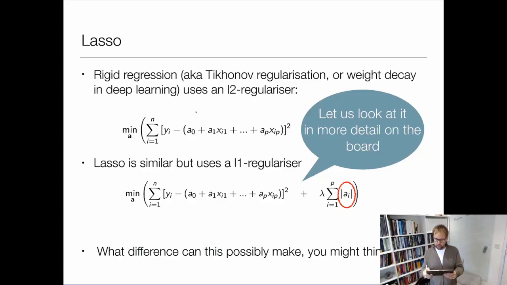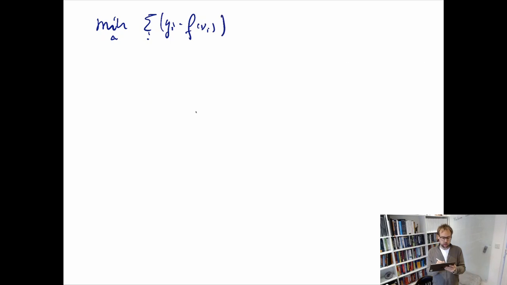I forgot to add the white page, so let me do it right now. So let's just look again at the two optimization problems. We want to minimize over all a. We have our least squares loss function, which is something like the sum over i of yi minus f of xi squared. And now we had these two different penalty terms, which we could write in the soft version. But for this discussion, it's actually easier to write it as a hard constraint.